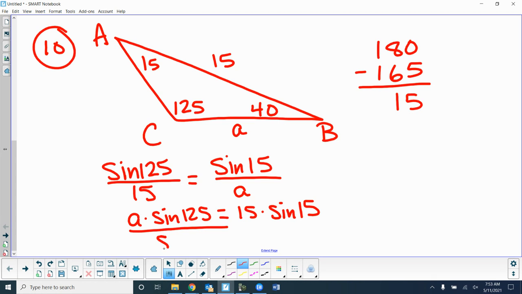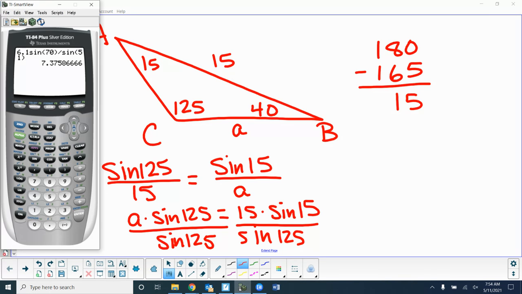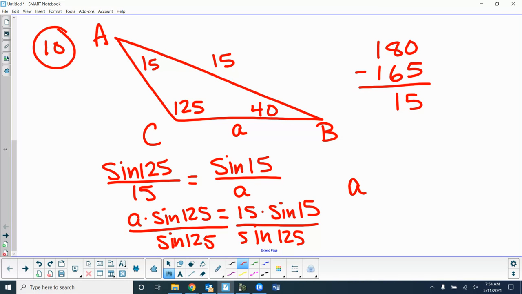And then we're going to divide by the sine of 125. So 15, sine of 15, close it up, divided by sine 125, close it up. So that's 4.74, which was letter E.